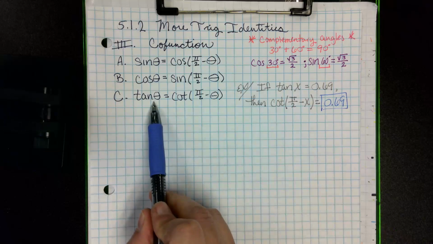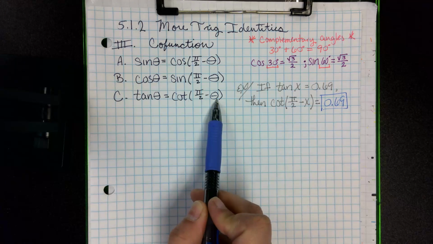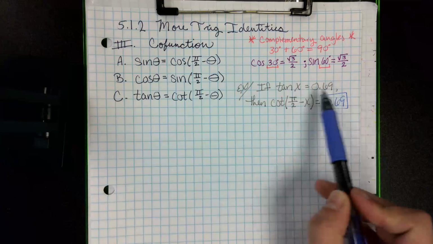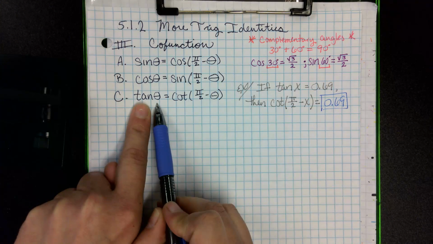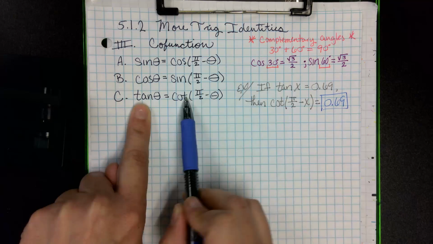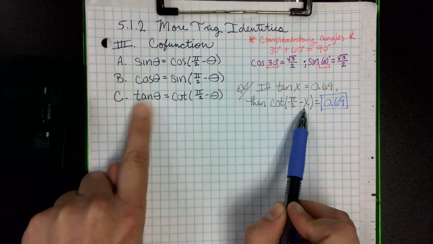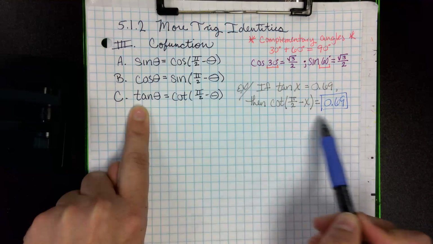It's saying that tangent is equal to cotangent of pi over 2 minus theta. So if tangent is 0.69, the left side is 0.69, and then the cotangent of this equals what? Well, cotangent of that is equal to tangent x. Tangent x is 0.69, so is that.